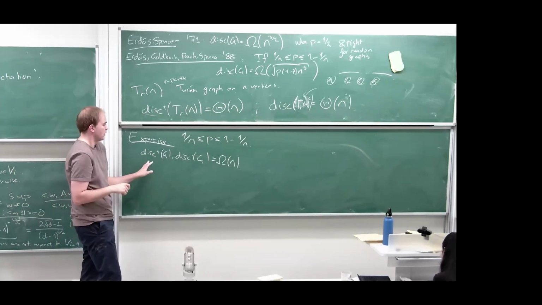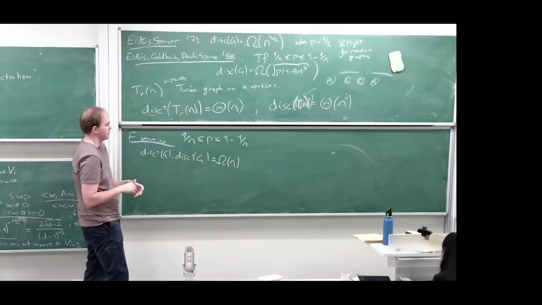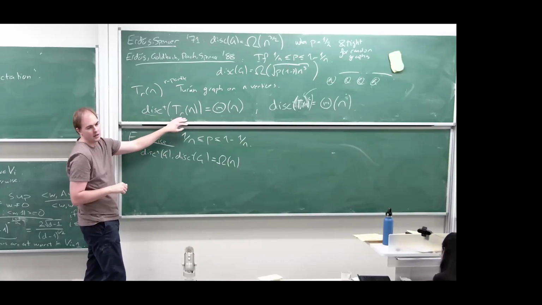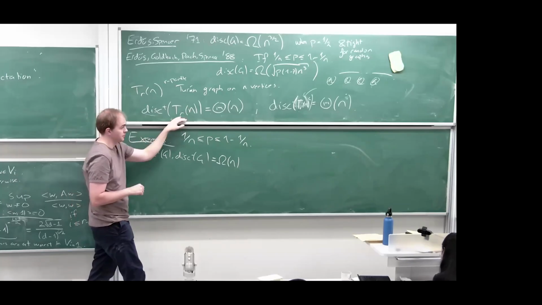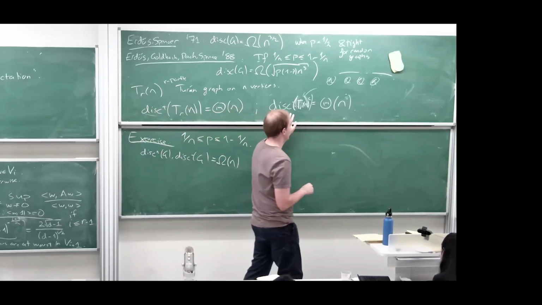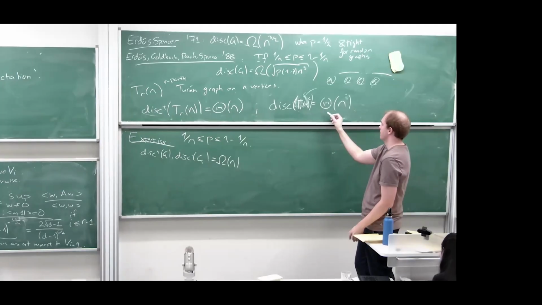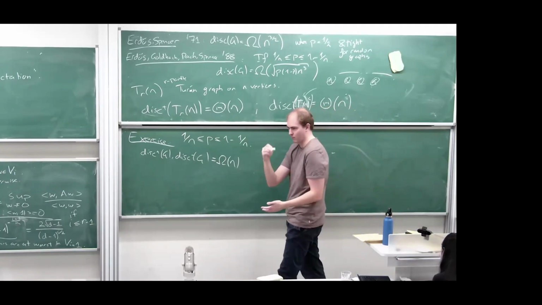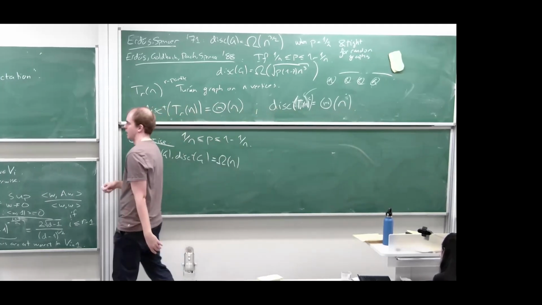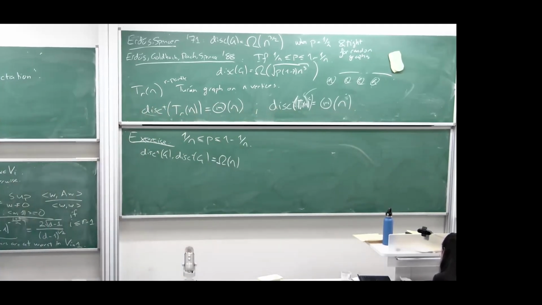However, in both of these examples, for Turán graphs, the negative discrepancy is huge because they have linear-sized independent sets. So the negative discrepancy is proportional to n squared. And here, while the negative discrepancy is linear, the positive discrepancy is huge because we have linear-sized cliques. So picking one of those sets gives us positive discrepancy being n squared.